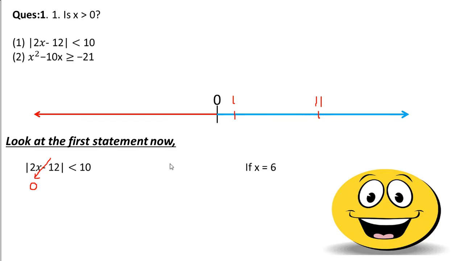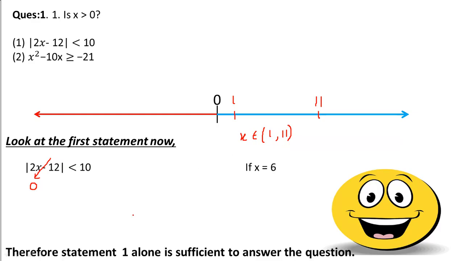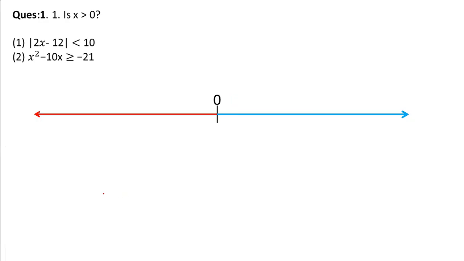So this says that x is clearly greater than 0. That is, x belongs to 1 to 11 with open brackets. So all the values between 1 and 11 are positive, therefore statement 1 alone is sufficient to answer the question.